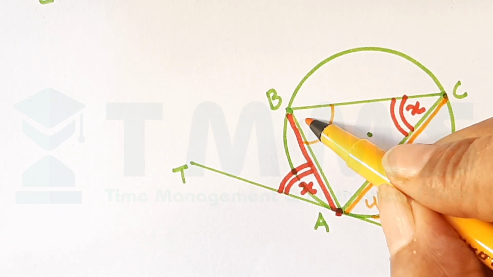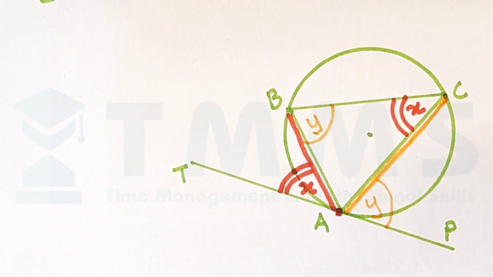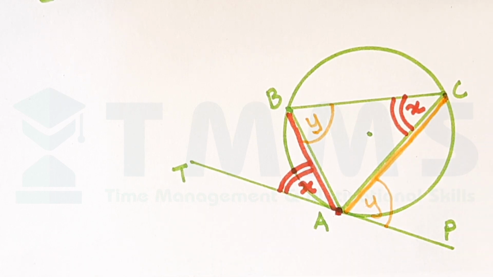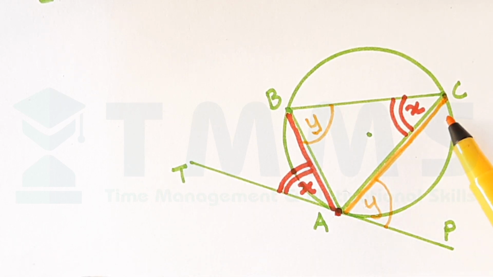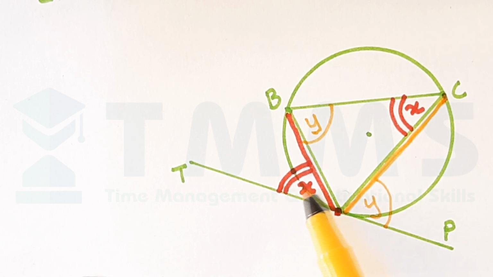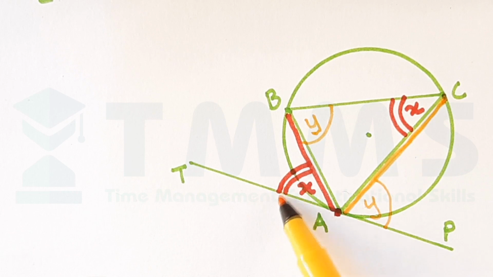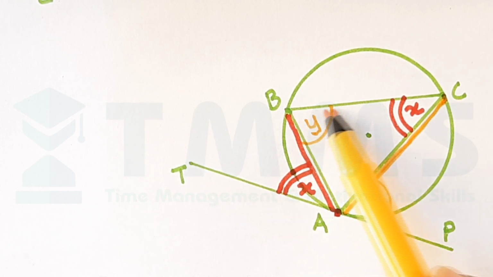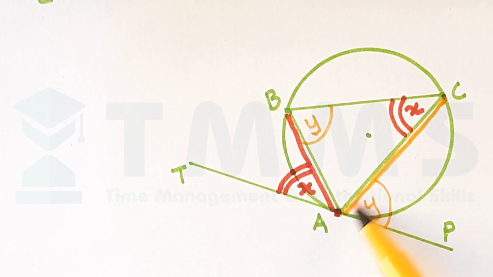And so this angle also will be y. So what is the alternate segment theorem? The angle made by the chord with the tangent is equal to the angle in the alternate segment. Once again, the angle made by the chord and the tangent is equal to the angle in the alternate segment.